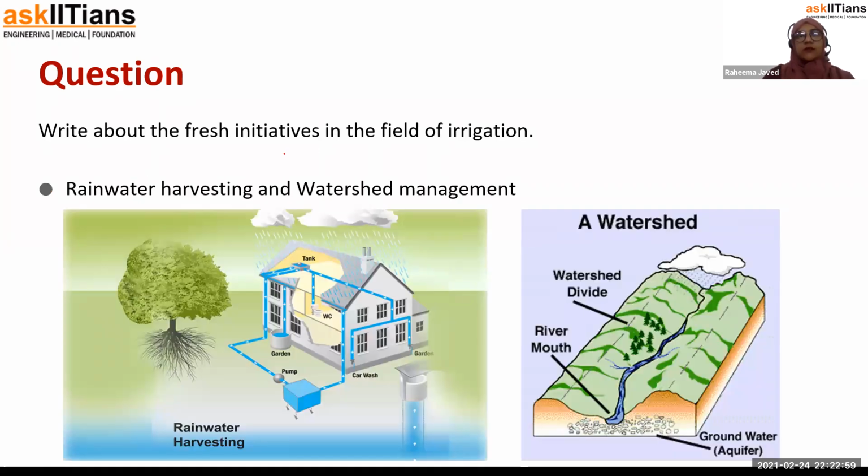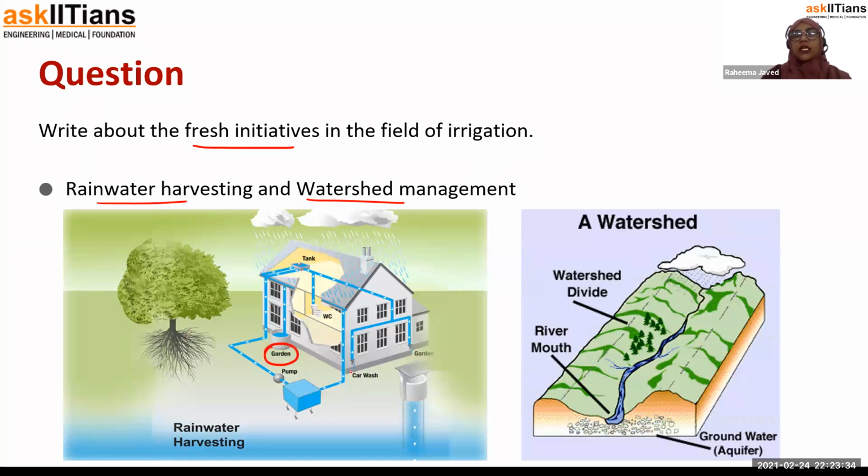The second question is about the fresh initiatives in the field of irrigation. There are two fresh initiatives in the field of irrigation. First is rainwater harvesting, and the second one is watershed management. In rainwater harvesting, the rain that falls on the roof of the houses is taken to a reservoir where it is stored, and it is used for various purposes.